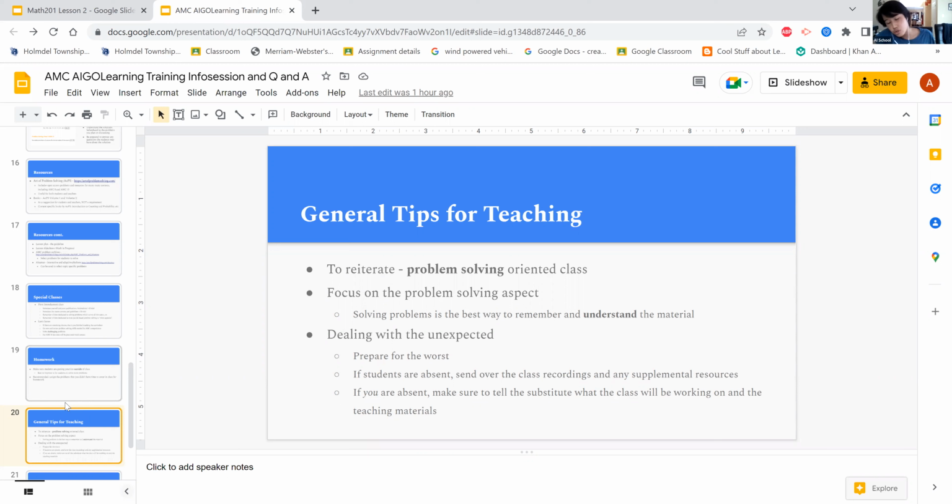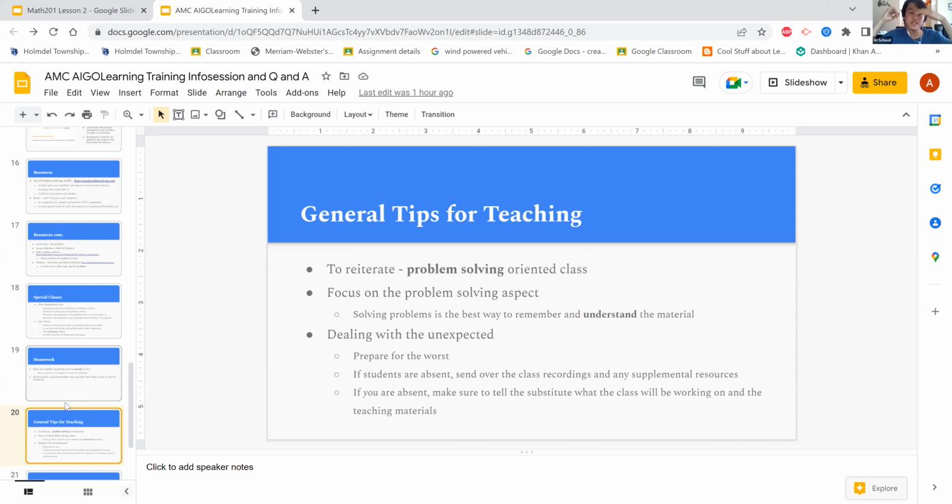And there might be one student that's always late. Then after class, you might want to ask why they're always late, and all that. So prepare for the worst. Try to keep everyone on the same page, but that's not possible sometimes. So you need to understand, let's say some people are not on the same page, what do we do in this situation?